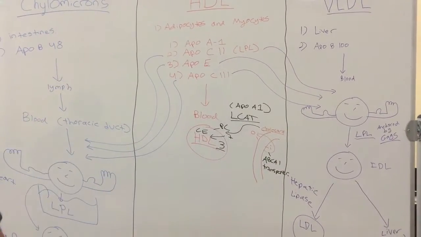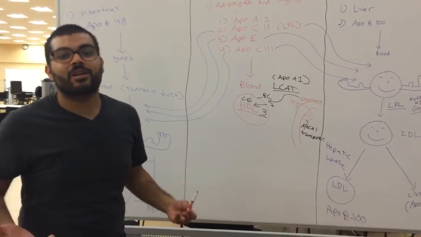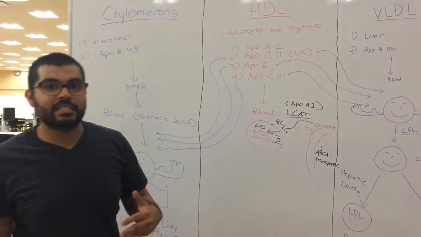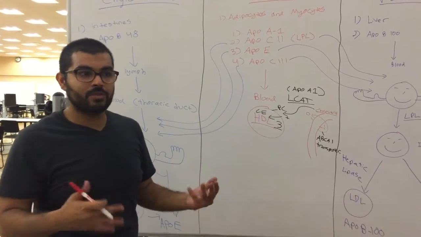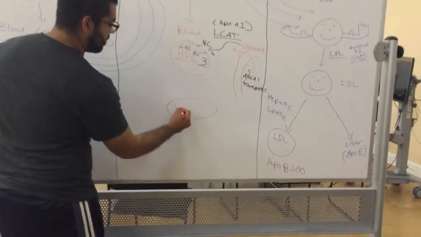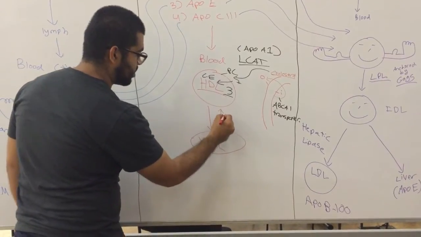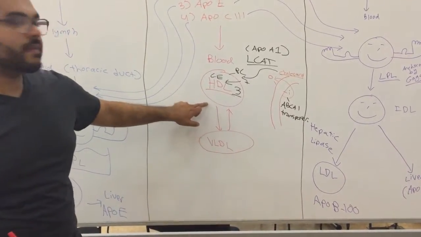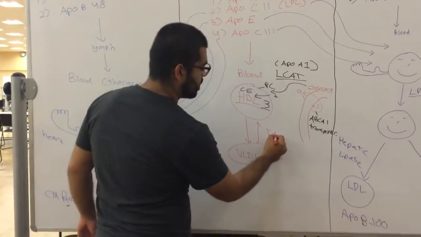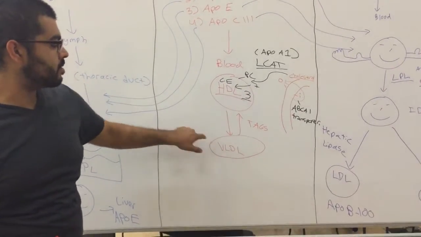Now, a funny thing happens. Your HDL3 will interact with VLDL because that wants to get rid of its cholesterol esters and it needs tags, right? So that's what it does basically. So, what is VLDL giving HDL3? It gives it tags. And what is HDL3 giving VLDL?